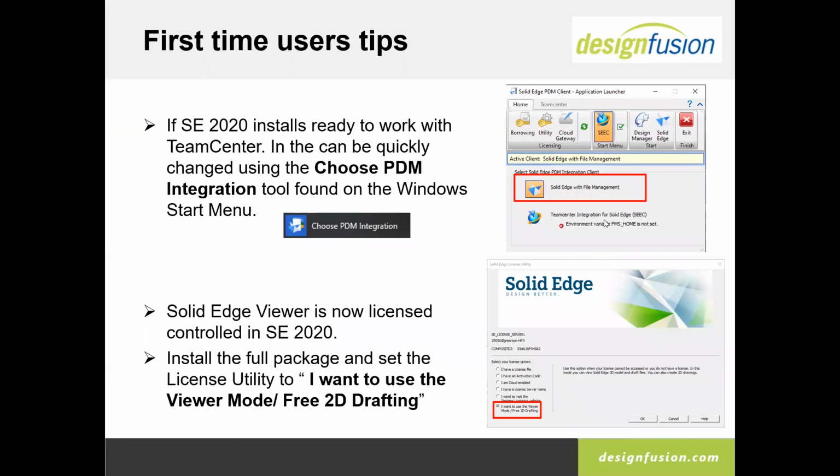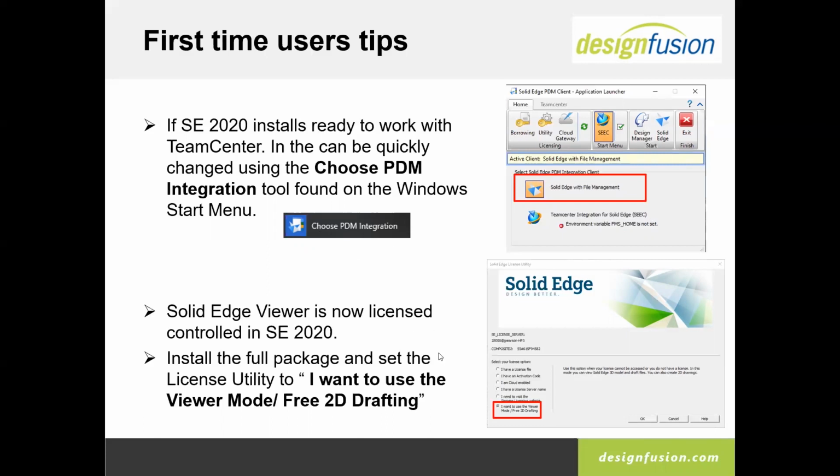If it's trying to access a Teamcenter account and you don't have a Teamcenter account, you can go to the Start menu and click on Choose PDM Integration. This will be under the Siemens Solid Edge 2020 pull down. In your Start menu on Windows, pick Choose PDM Integration and select Solid Edge with File Management. This is the Solid Edge without using Teamcenter.